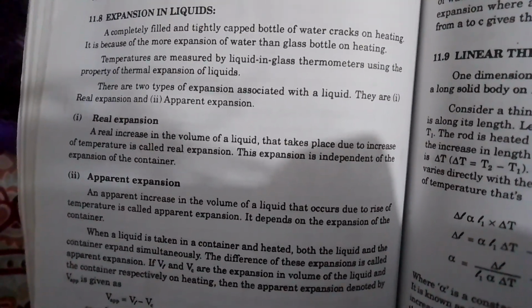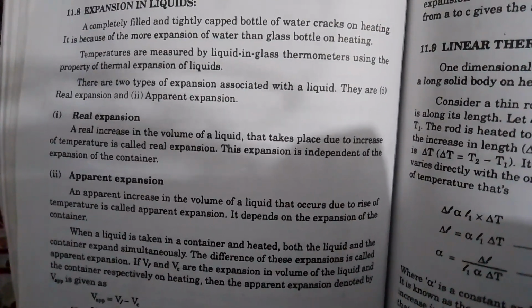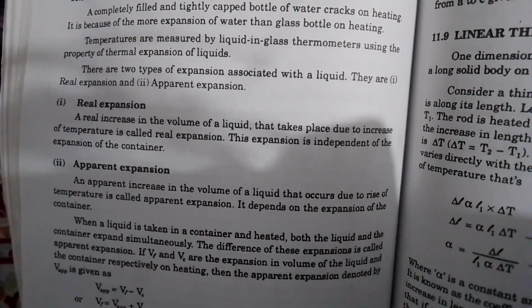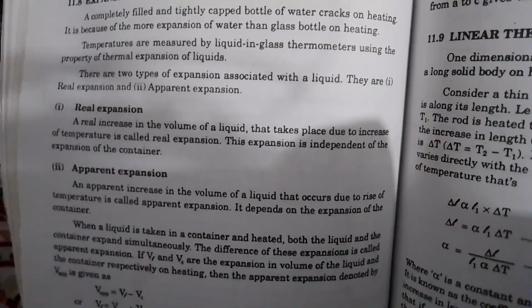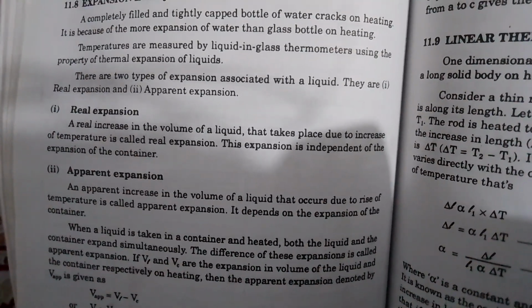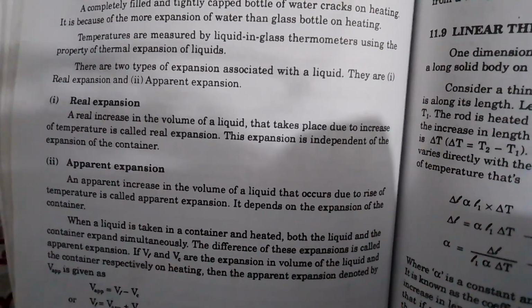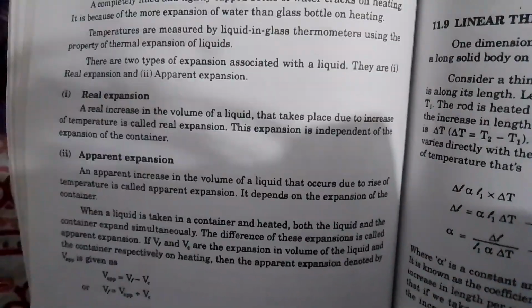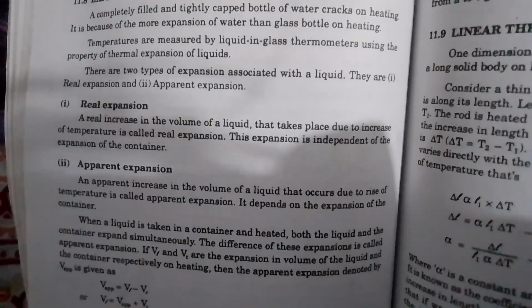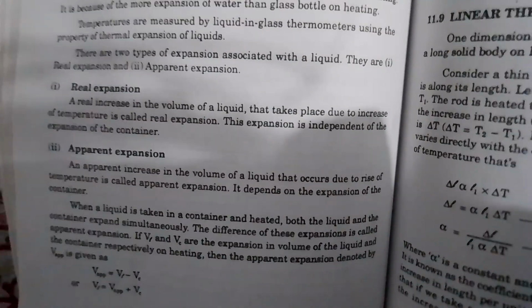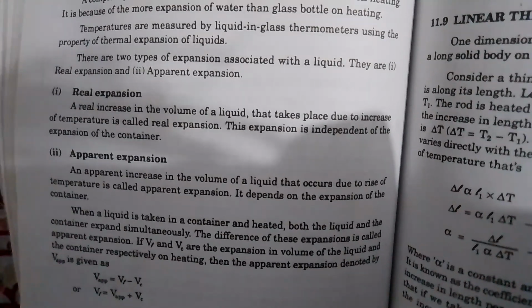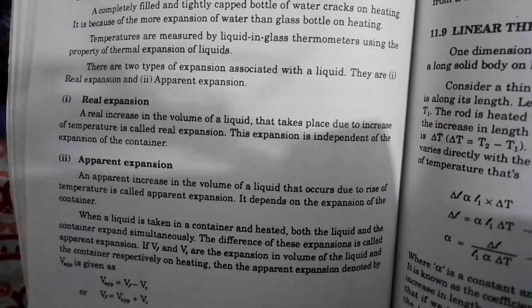A real increase in the volume of a liquid that takes place due to increase of temperature is called real expansion. This expansion is independent of the expansion of the container. An apparent increase in the volume of a liquid that occurs due to a rise of temperature is called apparent expansion.